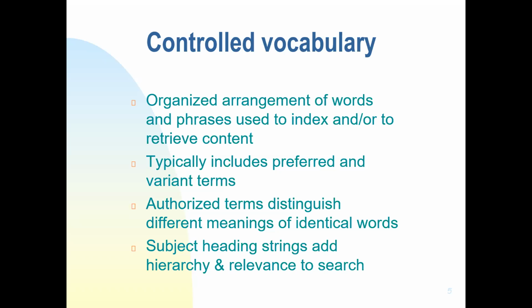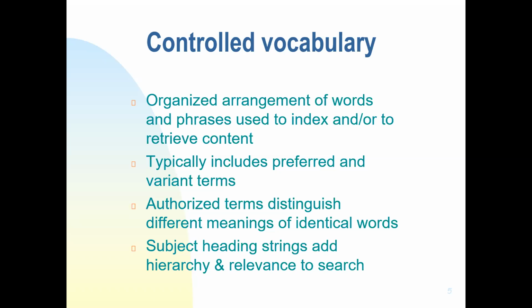We also talked about how the authority record separates resources that use the same term but have different meanings. And the example we used was cardinals. So, are we talking about the bird or the clergy or cardinal numbers or maybe even the baseball team? Subject strings are a way of making a search more focused.